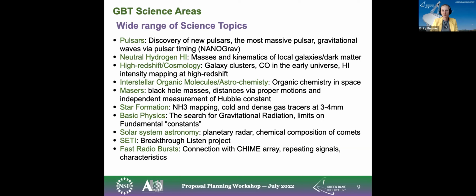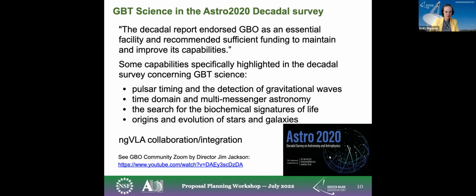So planetary radar is a big area of science here. And then of course, SETI. There's a project called Breakthrough Listen that gets some guaranteed time on the telescope. And then also people use the GBT to study fast radio bursts, though we are currently in the process of building an annex of CHIME, in fact, and so the site will be used for that as well.